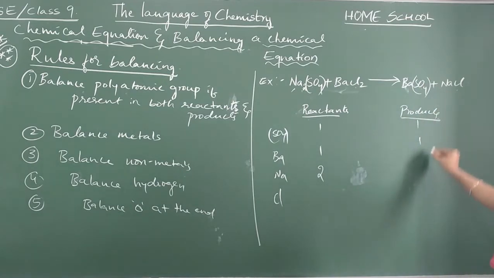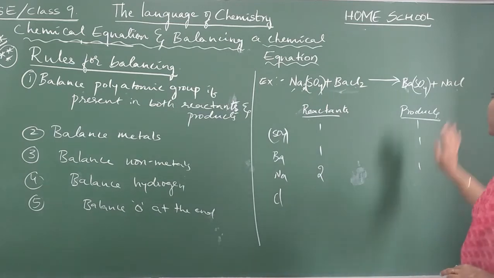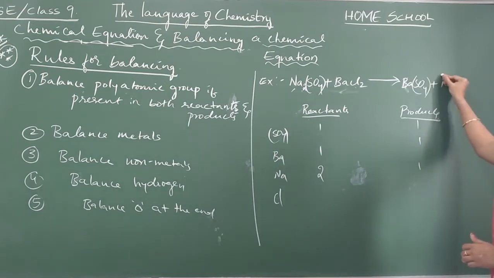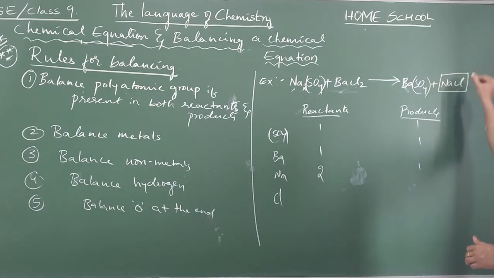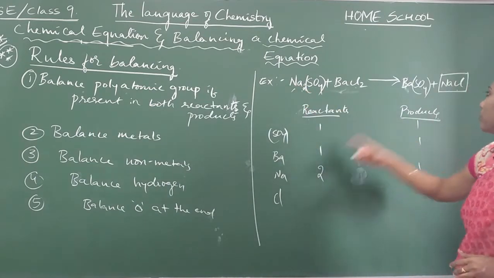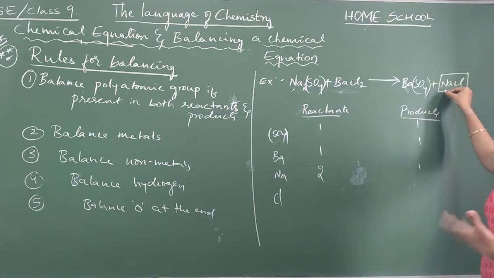How many sodiums are there here? 1. So you need to balance sodium now. Wherever sodium is there in the formula, put a digit before that formula. On the reactant side you have 2. On the product side you have only 1.